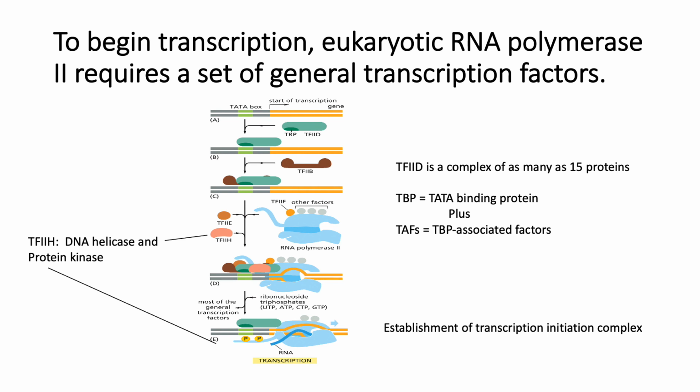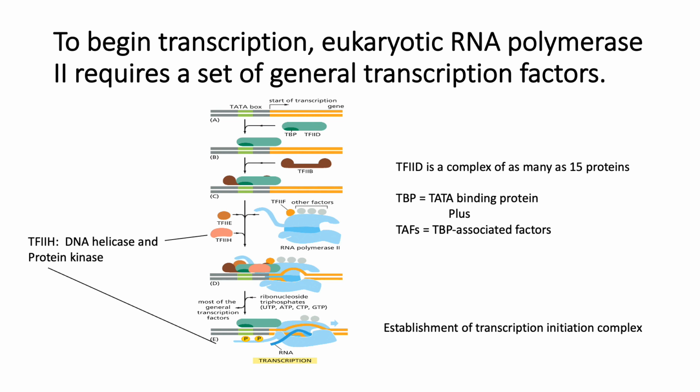Now, the TF2D is, as I've written there, a complex itself of as many as 15 proteins. So these are large complexes. You see, it's very different than E. coli. So the TF2D is a complex of a bunch of proteins, and there's two classes of proteins in the complex. One class is called TBP.